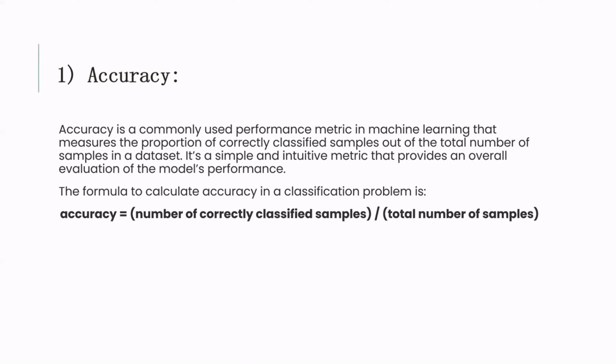In other words, accuracy is the ratio of correctly predicted samples to the total number of samples in the dataset. For example, if a classification model predicts 90 out of 100 samples correctly, the accuracy is 90 by 100 or 0.9 or 90%.